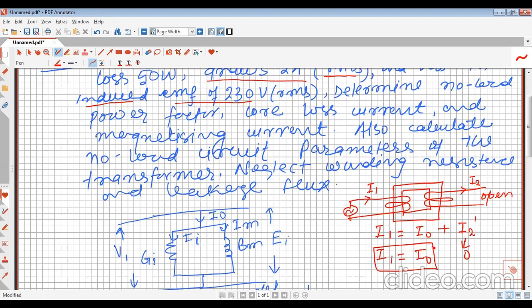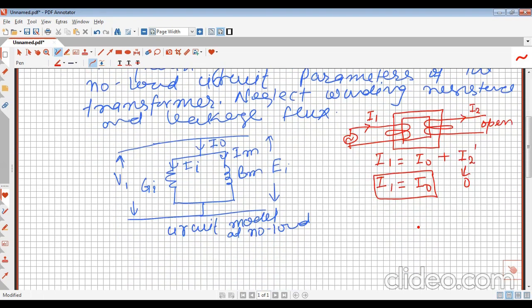This I naught also has two components, called Ii and Im. So this no load current is split into two parts. One part is called the iron loss component, another is called the magnetizing component. We can write I naught equal to Ii plus Im. In fact, this is not a direct algebraic sum, it is a phasor sum.